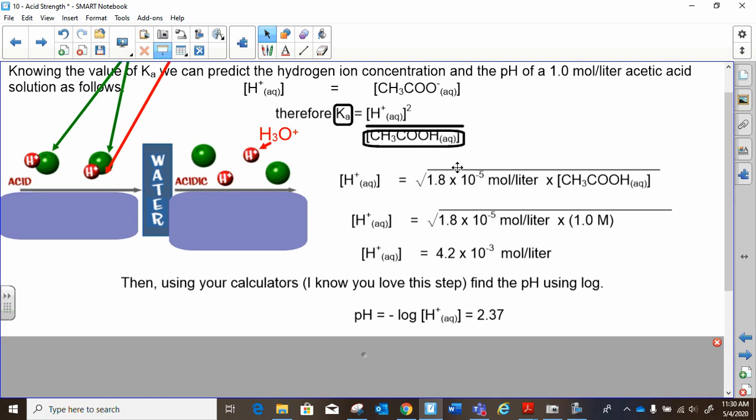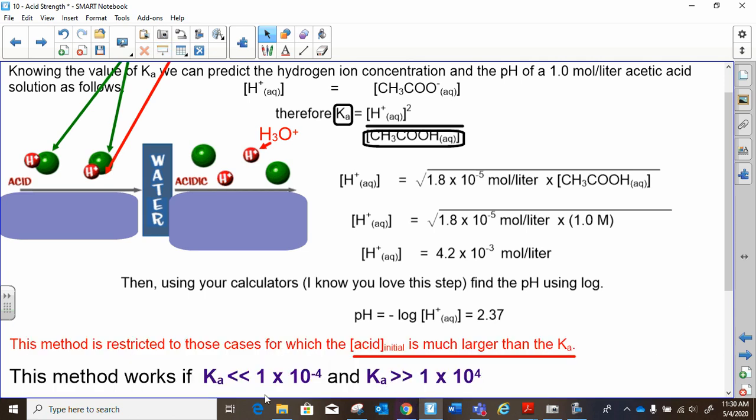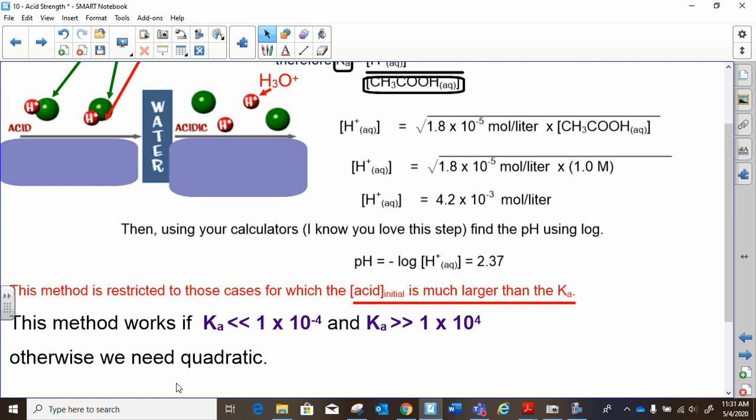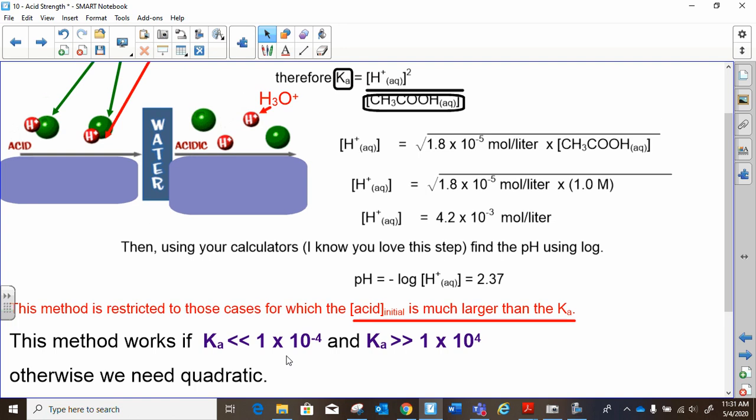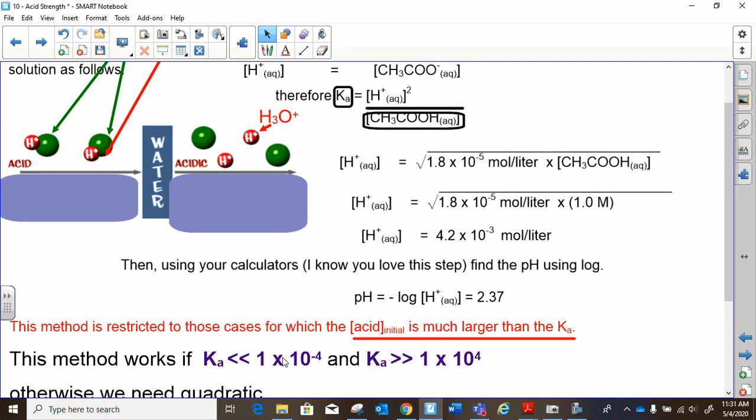Okay, now this will be more clear later, but trust me when I say if the Ka value, which in this case is 1.8 times 10 to the negative 5, so if the Ka value is much smaller than 10 to the negative 4, which in this case it is, 10 to the negative 5 is smaller, or if the Ka is much bigger than 1 times 10 to the positive 4, we don't have to use quadratic. And again, I'll talk about that later on, but just trust me right now, if the Ka is very small or very big, we don't need quadratic.